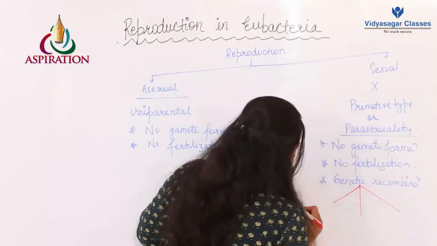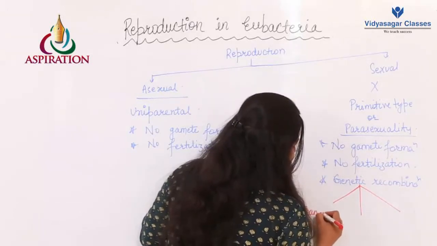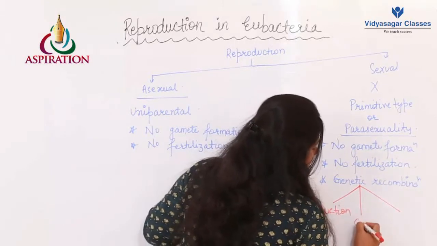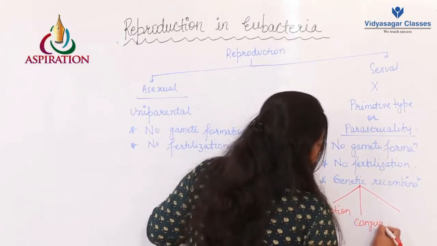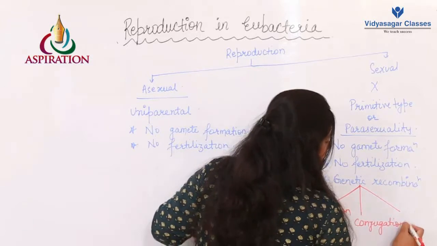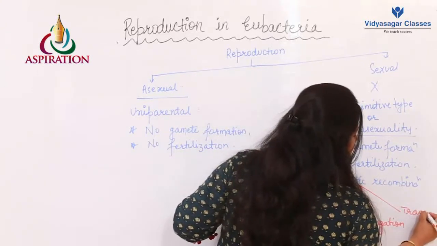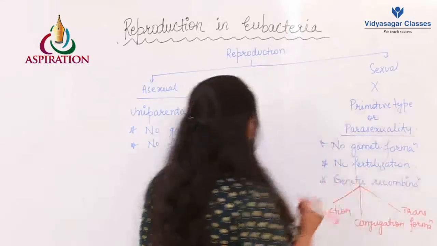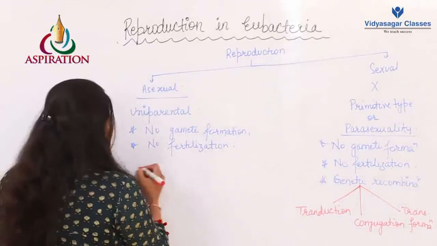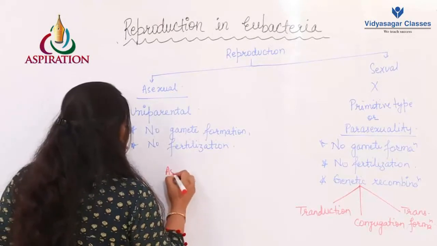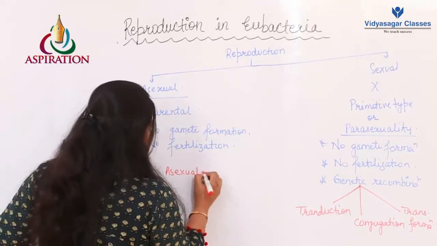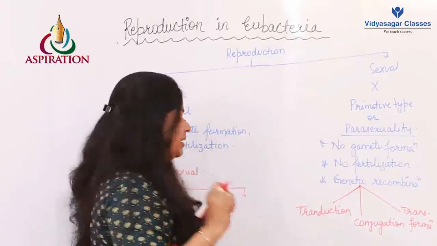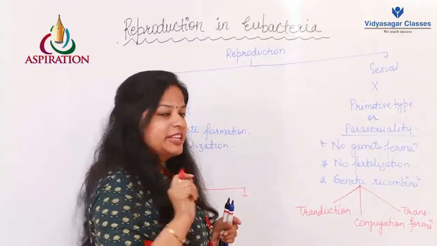These are transduction, conjugation and transformation. In asexual mode, we have mainly two types, which depend on the environmental condition in which that bacteria is present.